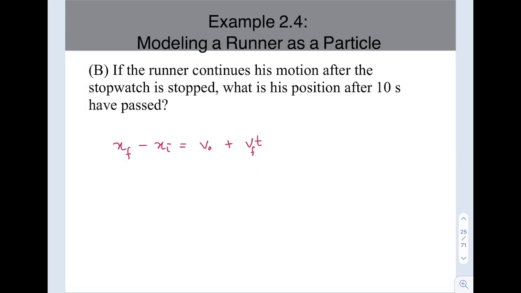So x final is the one that we want to know, and x naught or x initial starts from 0, right?